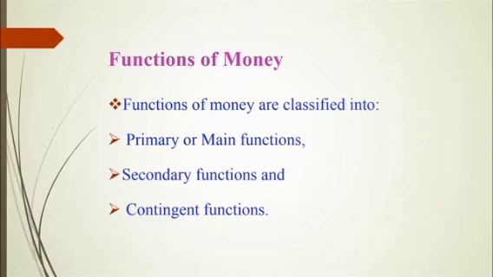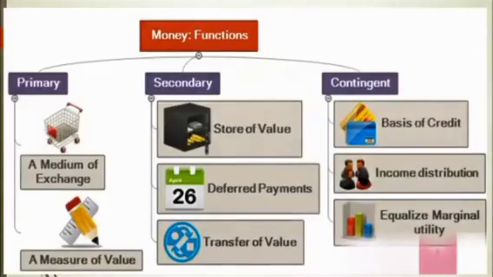Functions of money are classified into three. The first one is primary or main functions. Next, secondary functions. The third one is contingent functions. Under primary, it acts as a medium of exchange and a measure of value.